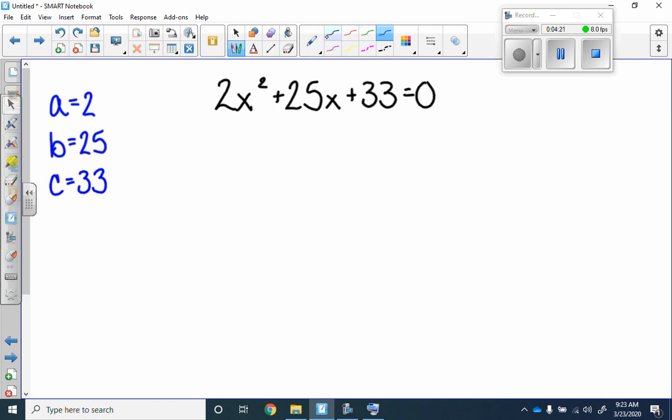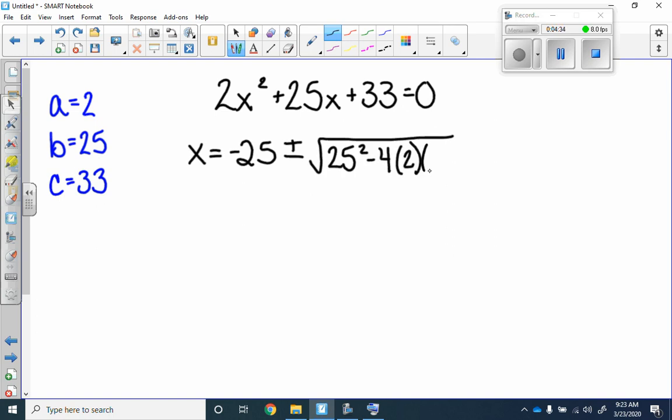So we're going to plug everything in here. So x equals negative b, so negative 25, plus or minus the square root of b squared, 25 squared, minus 4 times a times c, all over 2 times a, so 2 times 2.